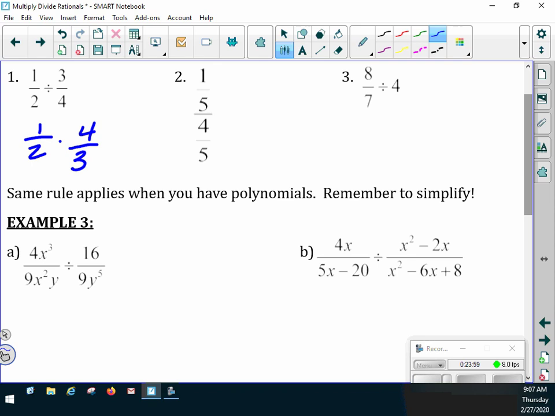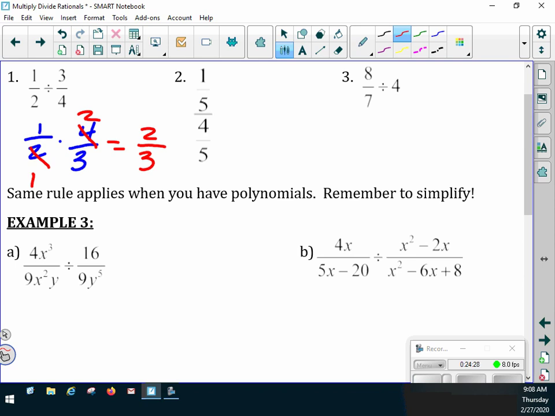Do 1/2 times 4/3. I don't want 4/6. Do you see any common factors between the numerators and denominators? Yeah, a 2 goes into 2 and into 4. So see, one step to change it to a multiply, and then it's just stuff you already know how to do. So do you always do the second fraction?